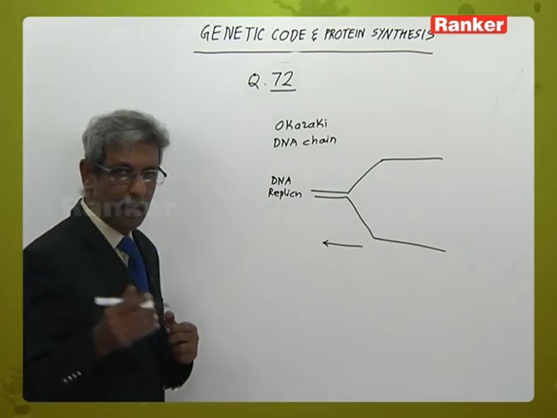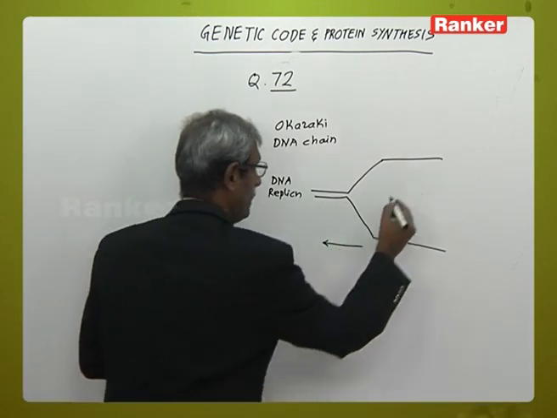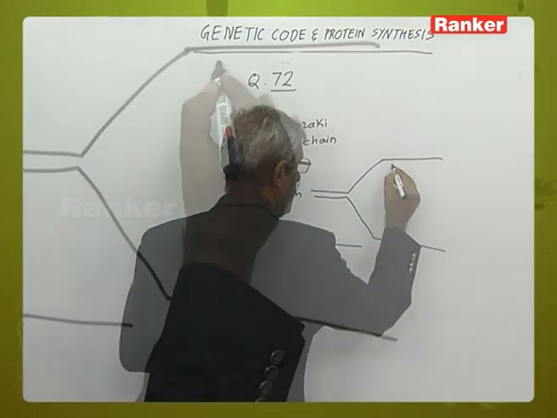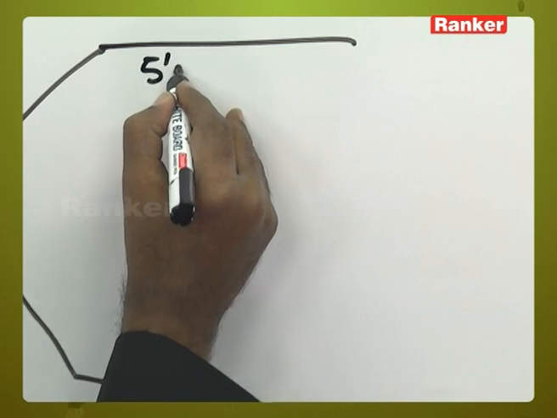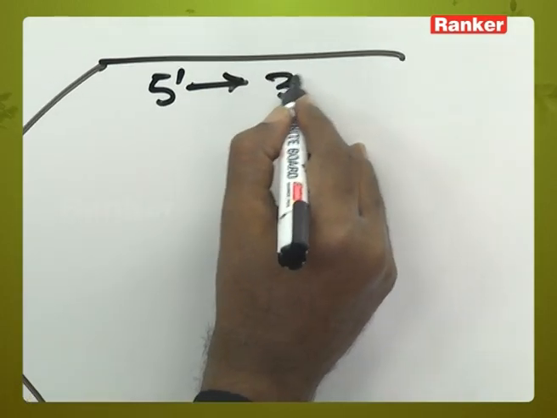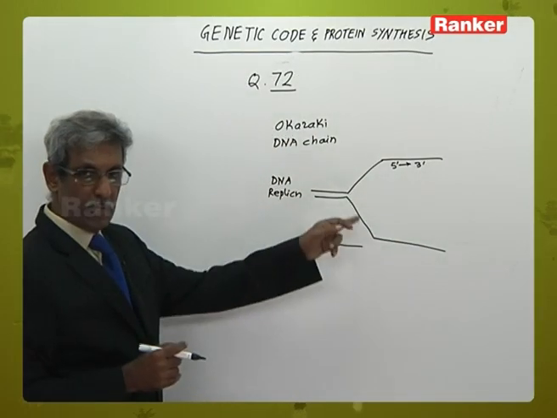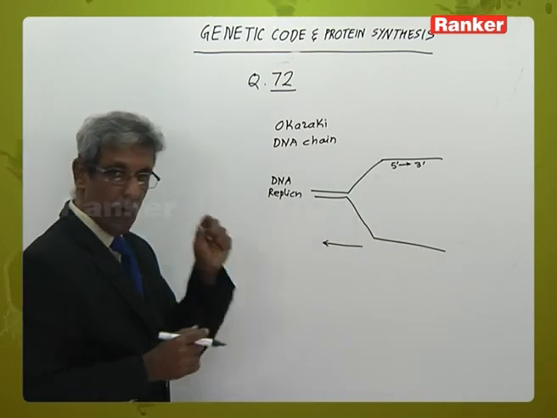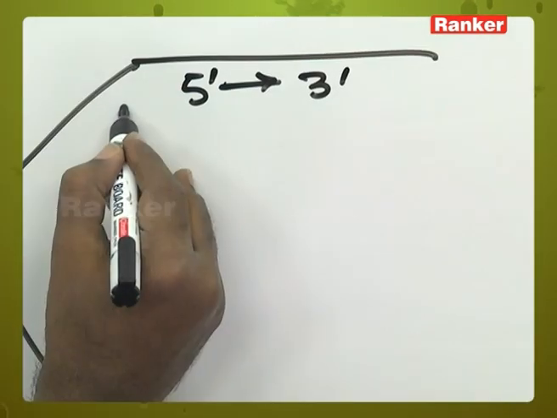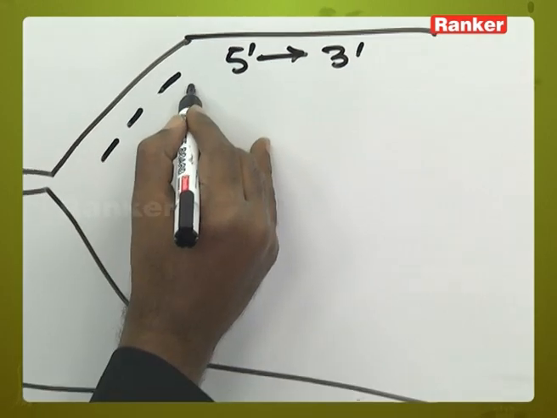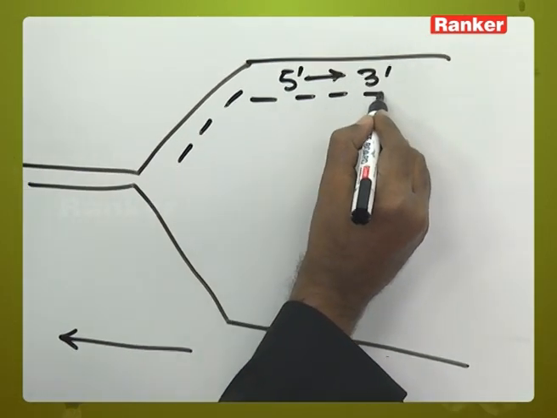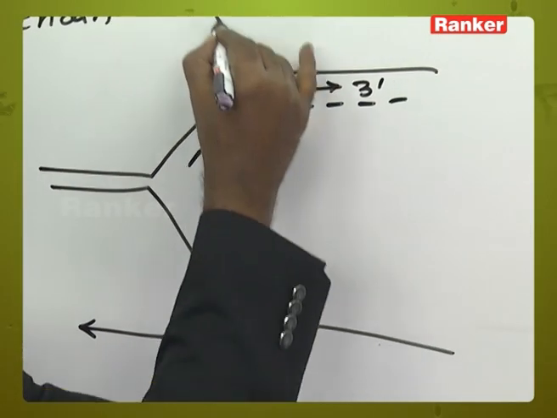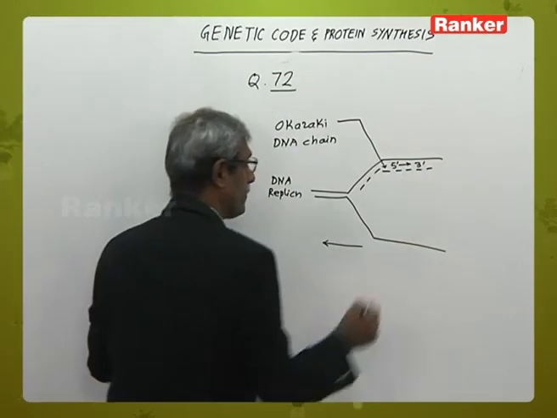When small pieces of DNA are joined in the 5' to 3' direction, these DNA pieces are termed Okazaki fragments.